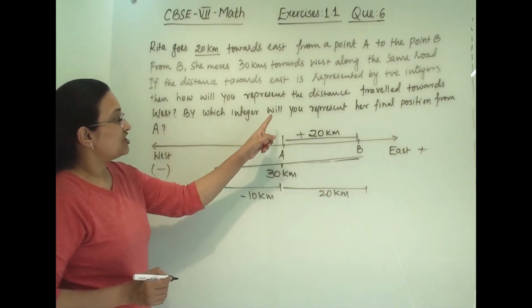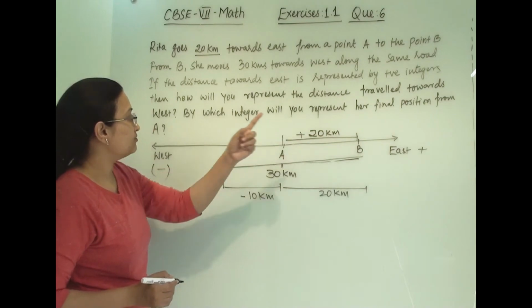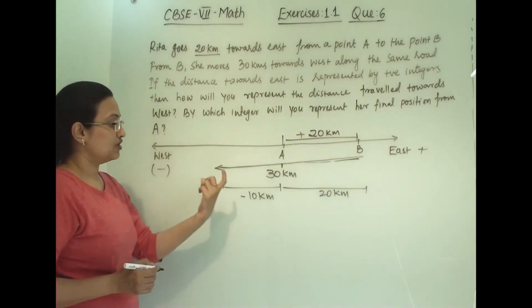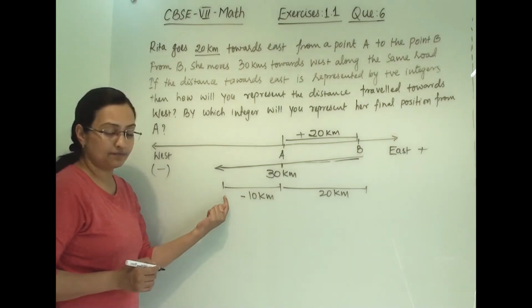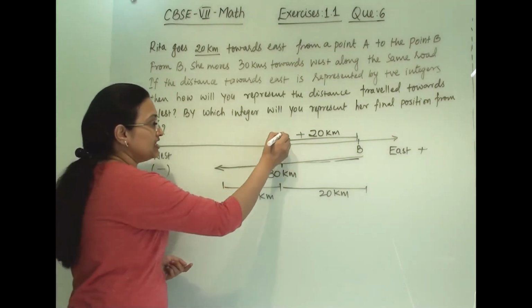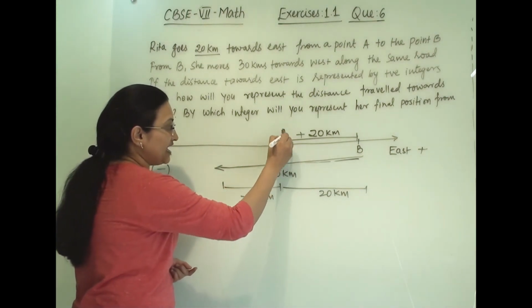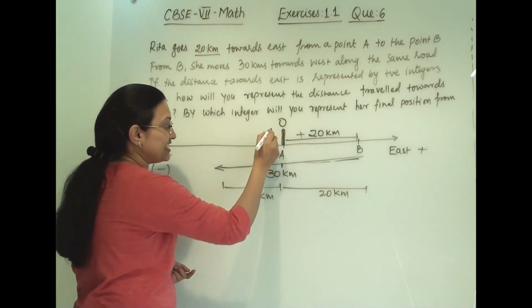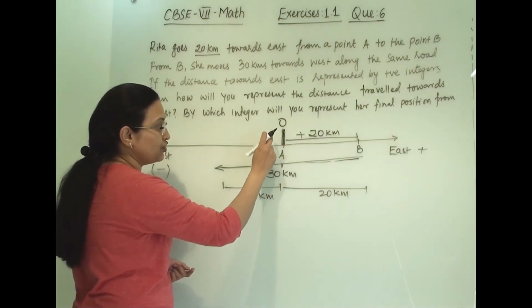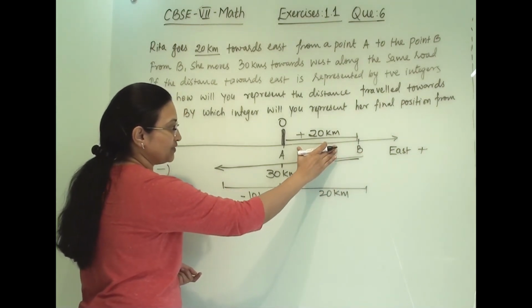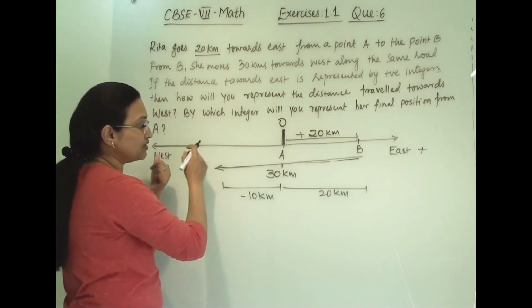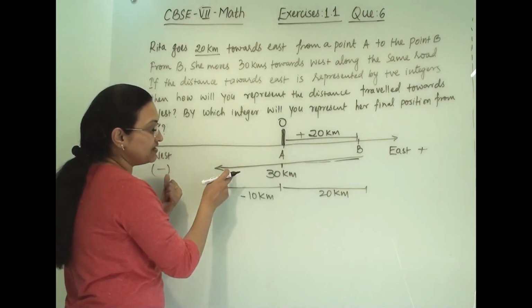By which integer will you represent her final position from A? Her final position from point A will be minus 10. Because she started from A, let us take A as 0. When she moved towards east, it will be plus 10, 20. Now when she moved towards west, she has traveled 30.